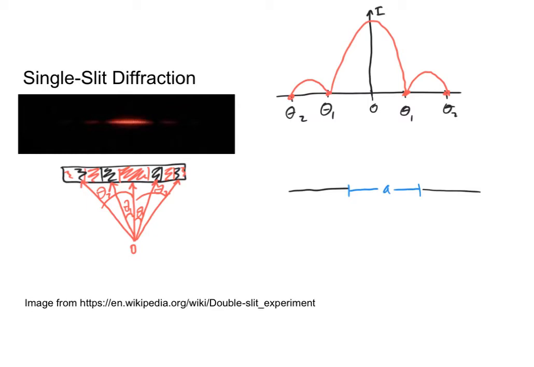And the equation that we're going to use for that is theta is equal to lambda, the wavelength of our light, divided by A, that slit width.